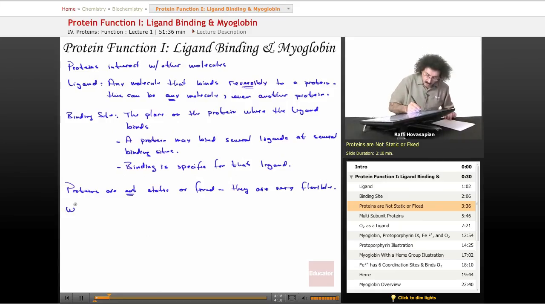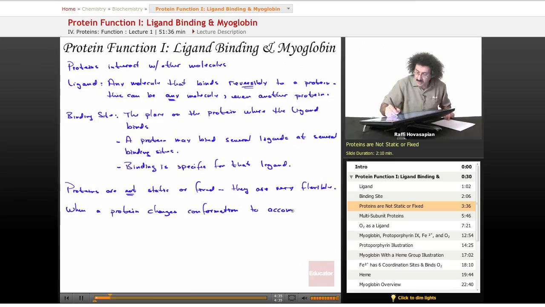Now, when a protein changes conformation to accommodate the binding of a ligand, this is called induced fit.